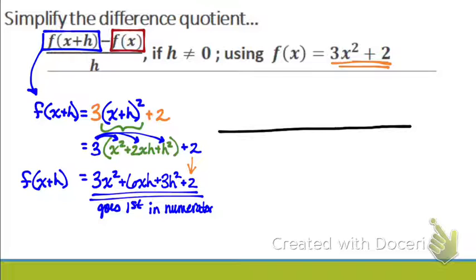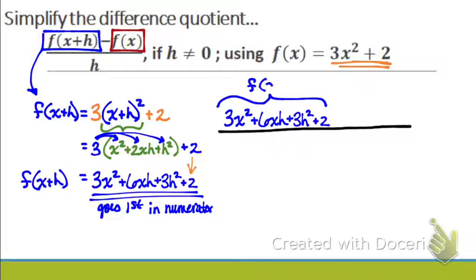So here's this big difference quotient that we have. This goes first. And then we're going to be subtracting what? Yes. This right here is what I am subtracting, because that is my f of x.